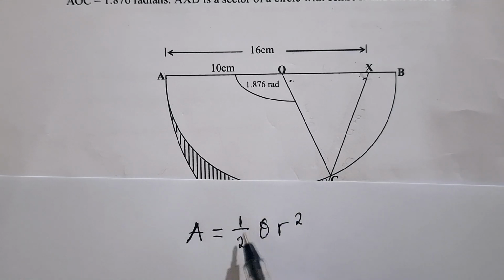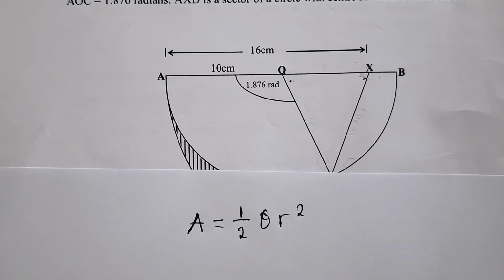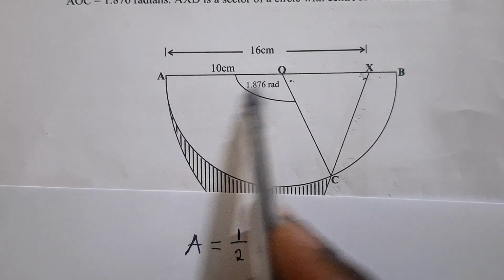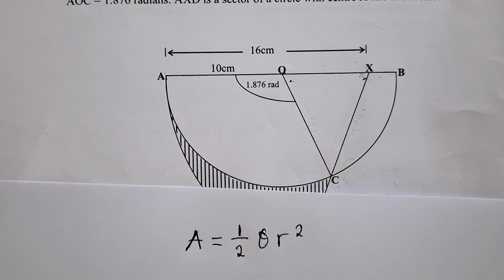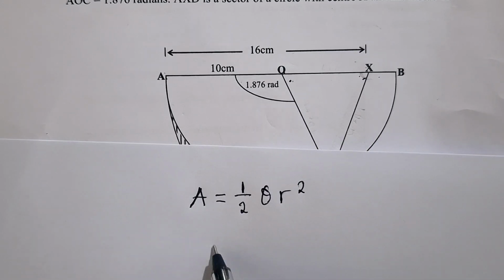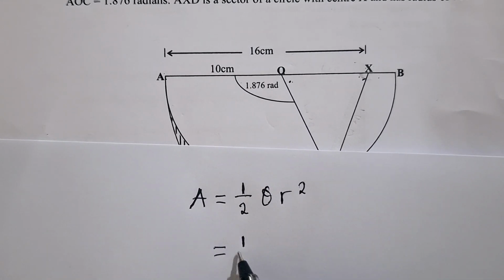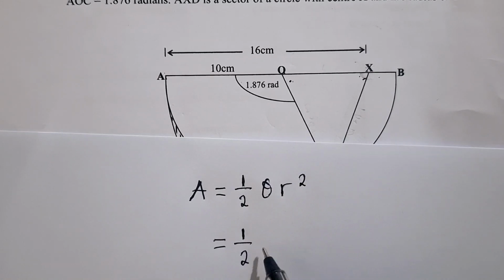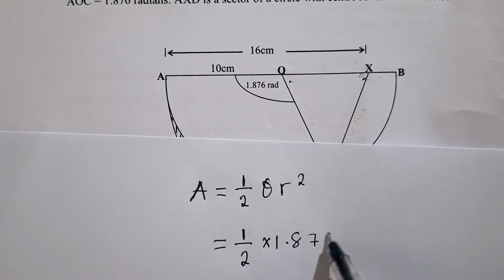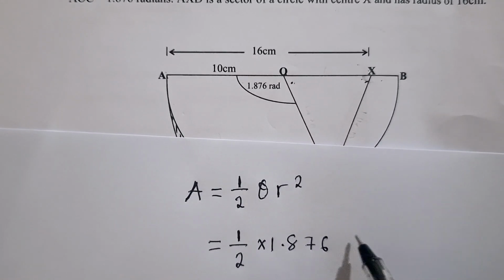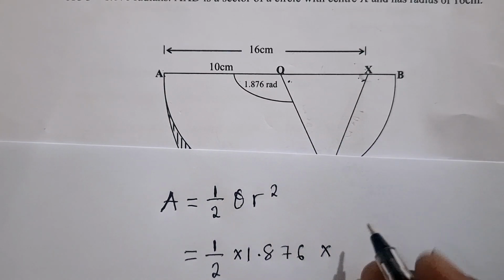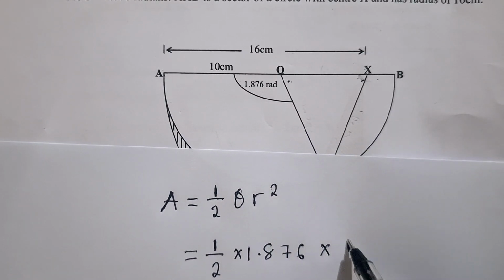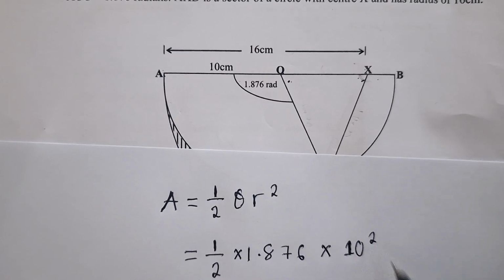So for the theta, it will be the angle that you are dealing with. In this case, for the sector that we have, the angle is 1.876. So we can say A is equal to 1/2 times 1.876 times the radius here, which is 10, so 10 squared.